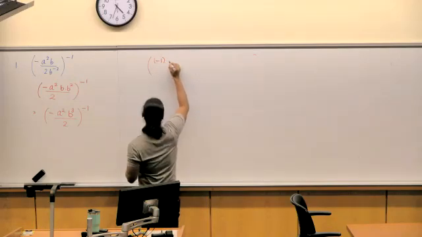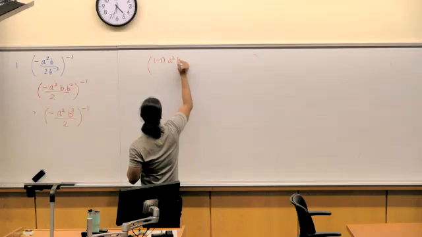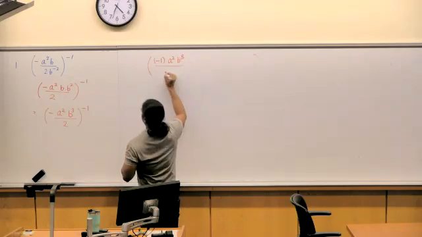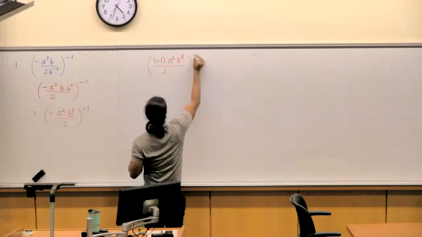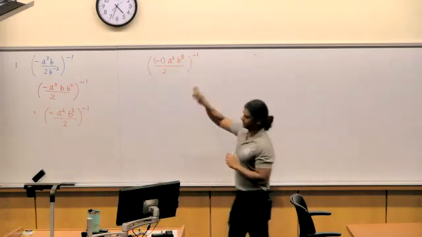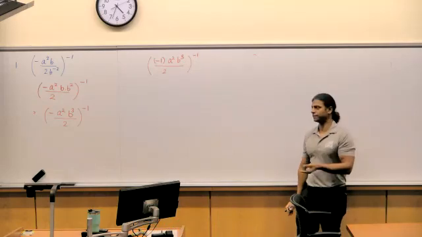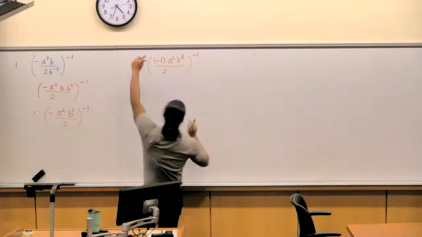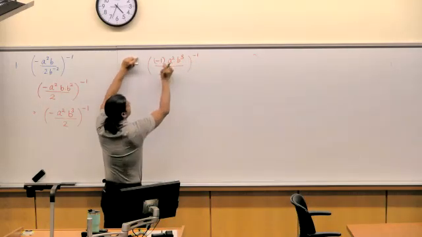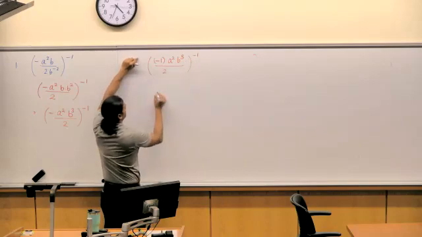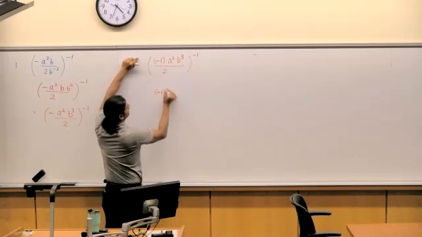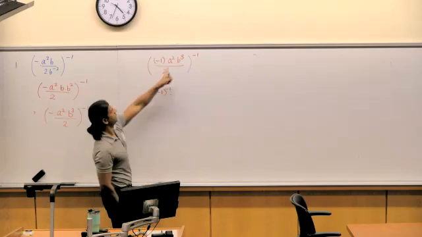I'm going to write that negative inside the parentheses as negative 1, so that I can apply the exponents to each of the terms. So the outer exponent would be applied to each of them. So negative 1 raised negative 1.